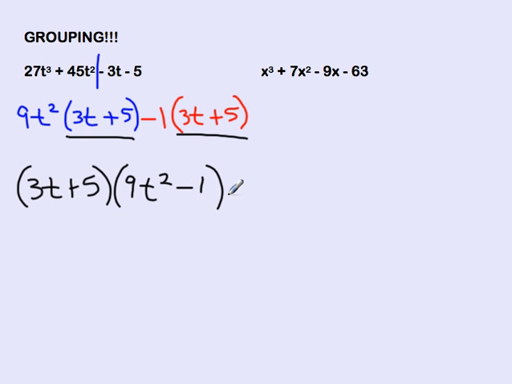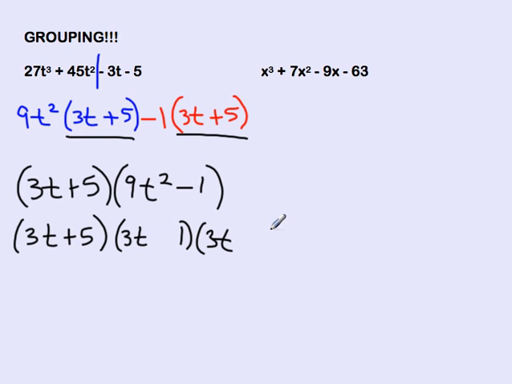And then the last step is to see if you can factor any further. Always factor as much as you possibly can. I'm going to drop down the 3t plus 5. This can be double bubbled. Okay? Square root of 9t squared. This is a perfect square, so I'm going to go 3t, and then 1 is a perfect square, so I'm going to break that up into 1 and 1.